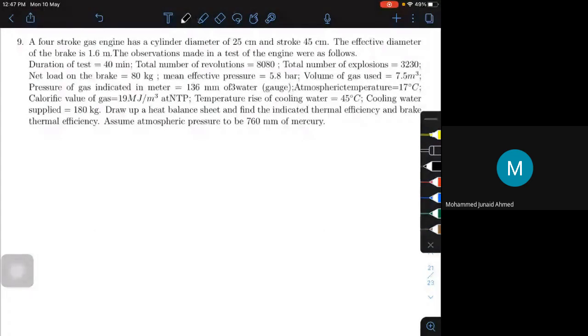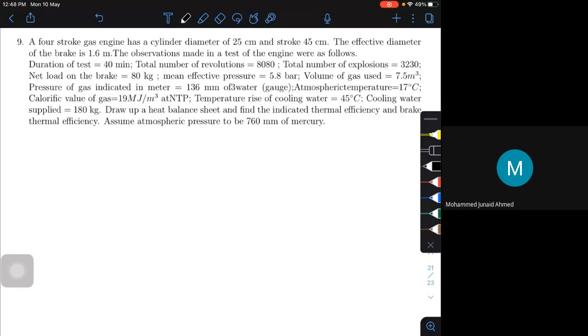So here 8080 divided by 40, since it is the total number of revolutions for a 40 minute test. So what is your RPM in that case? It is 202 RPM. Don't take 8080 as RPM, it is the total number of revolutions.